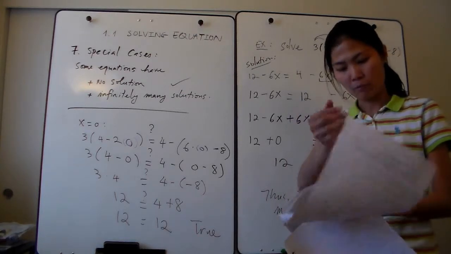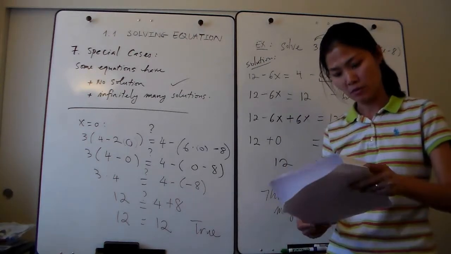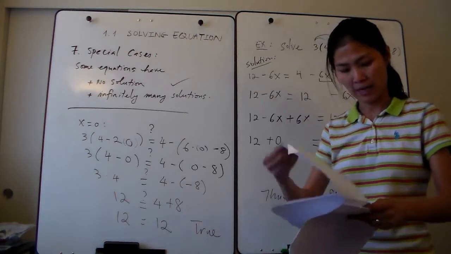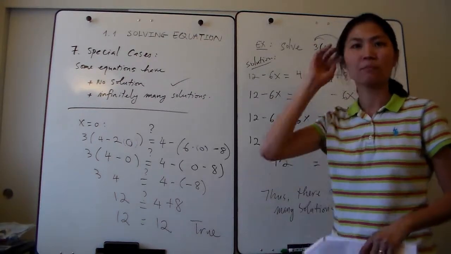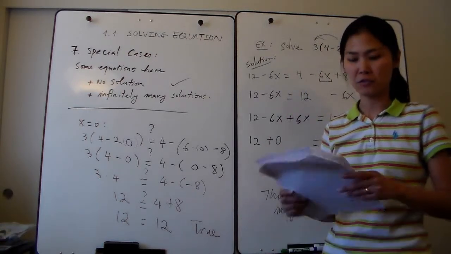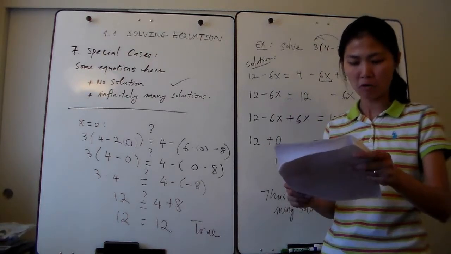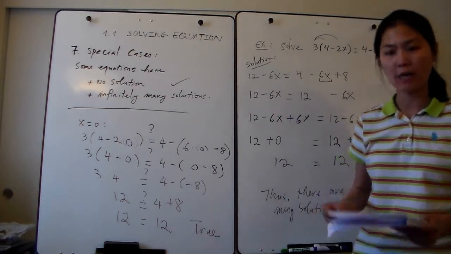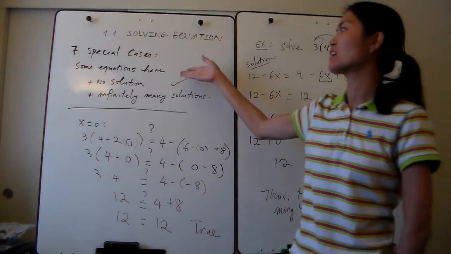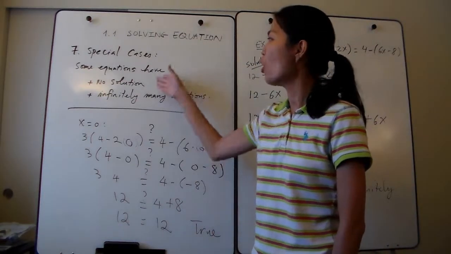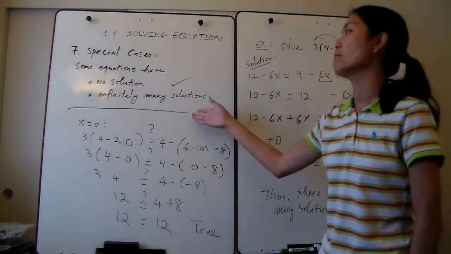We talk about the multiplication principle, and we also cover using the principles together, combining addition principle and multiplication principle to solve an equation. And lastly, we talked about special cases where some equations have no solution or infinitely many solutions.